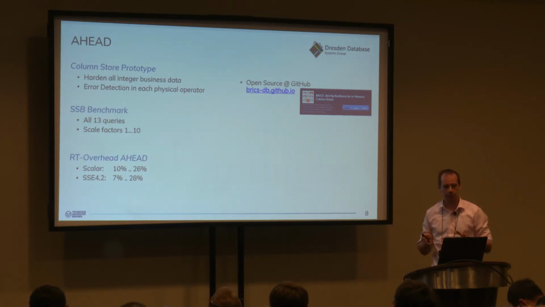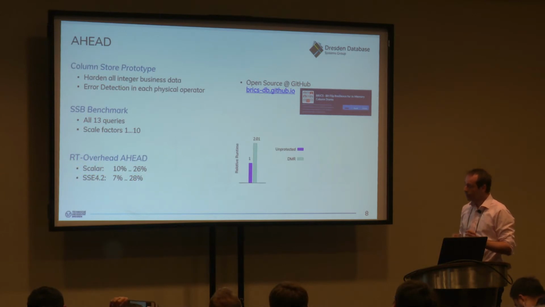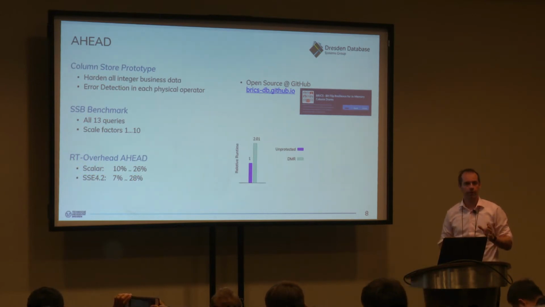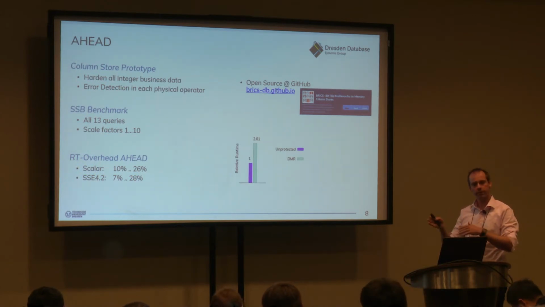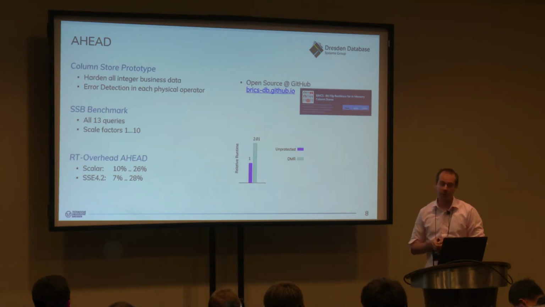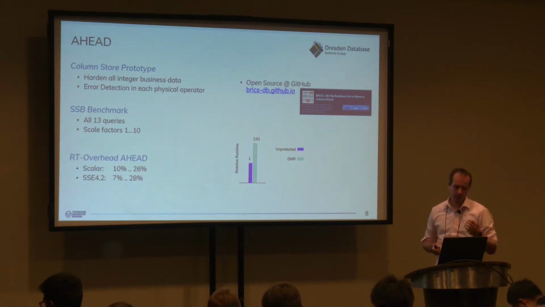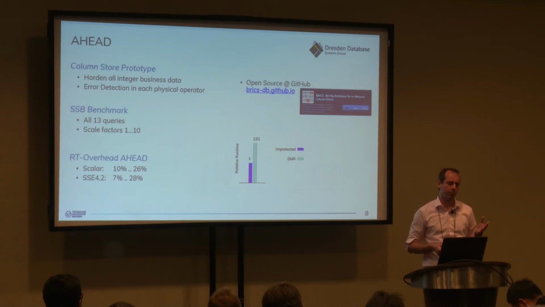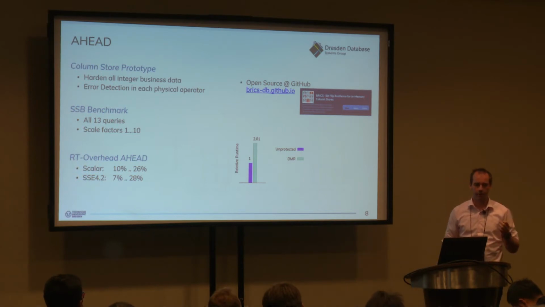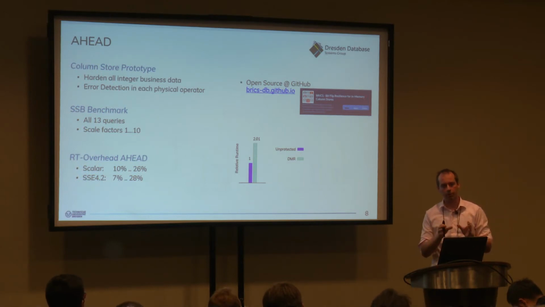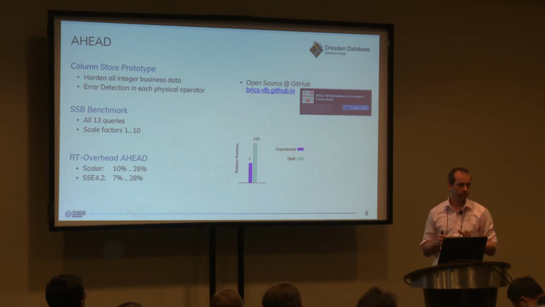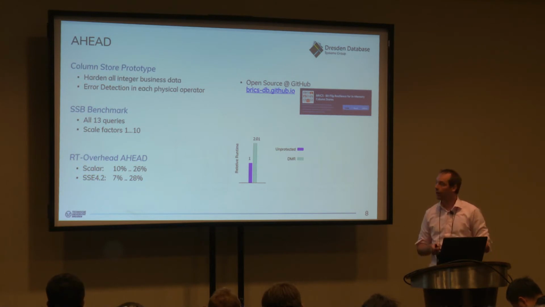Now the last question I want to pinpoint here is how good is it actually? All the generic software approaches which try to deal with this do some sort of double modular redundancy. And this means that you store all your data twice, you do all your computations twice, then do a voting afterwards on whether both are the same.